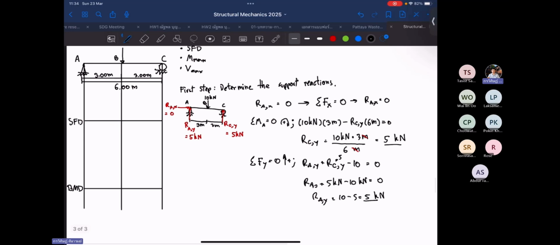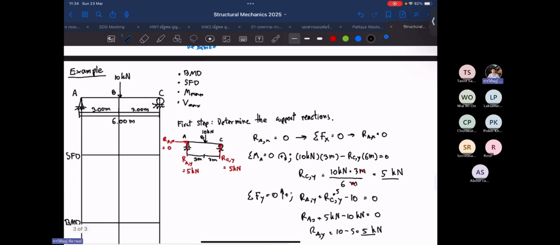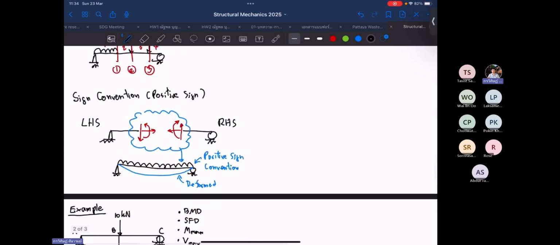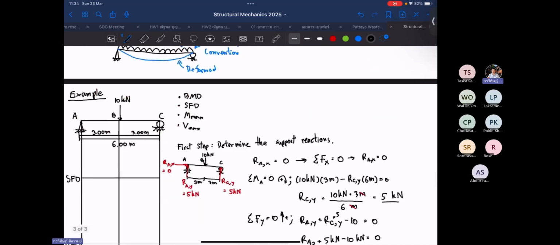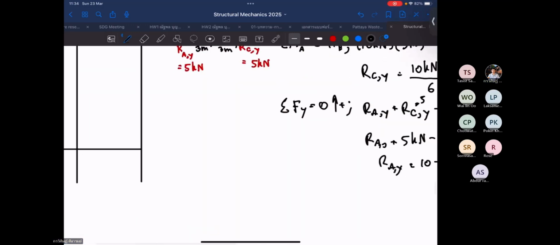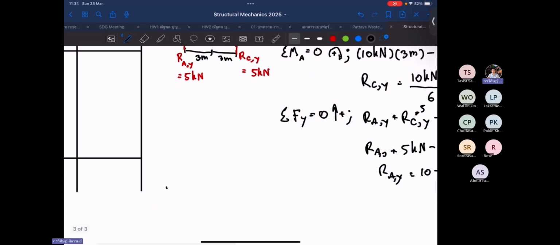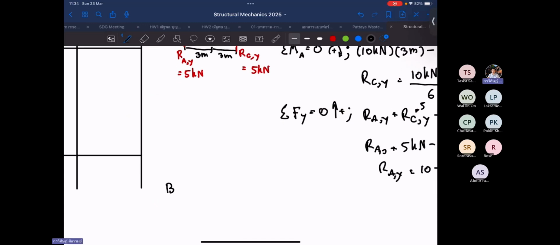Then we can determine the bending moment diagram and shear force diagram by using this cutting method. Next one is the shear force diagram. Second step. Let's start with shear force and bending moment diagram.